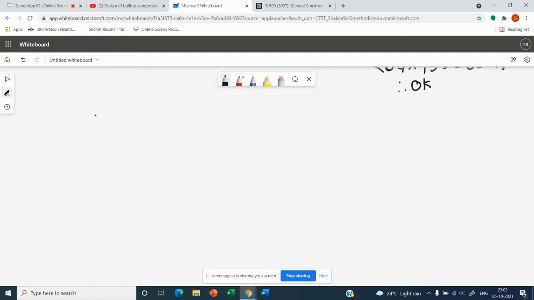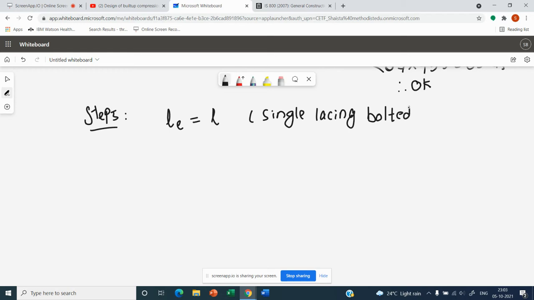Now coming to step 5. Step 5 is find the effective length of the lacing. So effective length of the lacing is equal to the length, because it is a single lacing system, the two bolted single lacing system. So whatever length we got, that itself is the effective length.